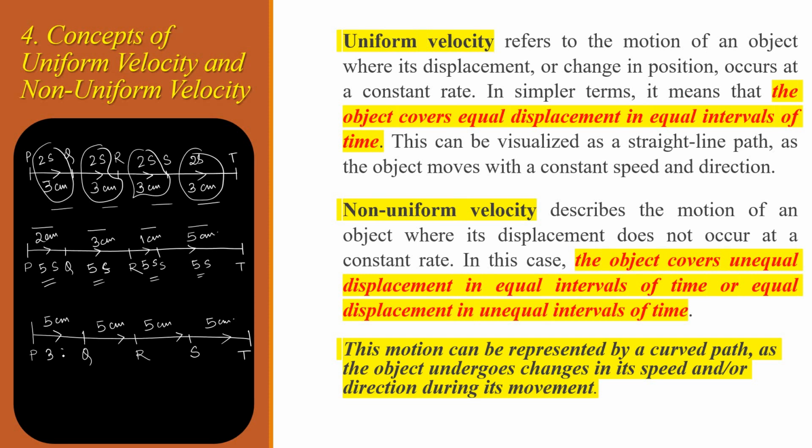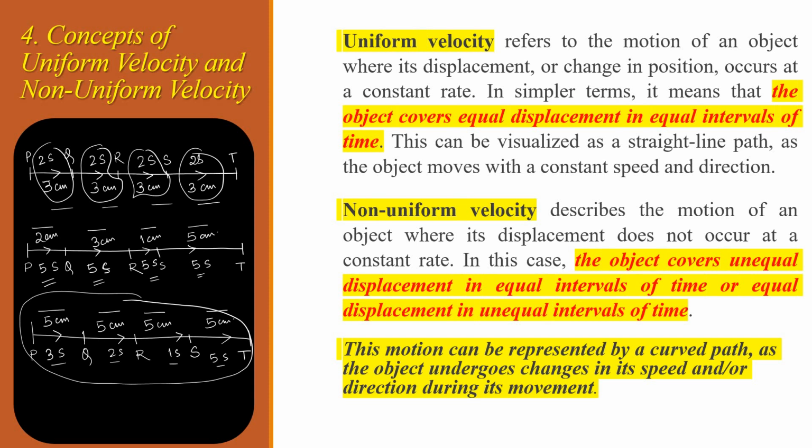It's 3 seconds, 2 seconds, 1 second, 5 seconds. So each time is different, but the displacement is the same. So this situation is also an example of non-uniform velocity.